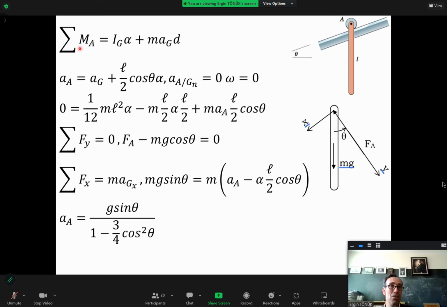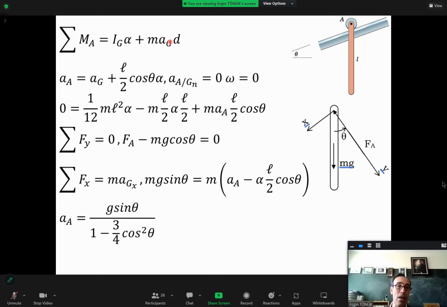So this is the first equation I'm going to write. Moment of the forces about A is equal to Ig alpha, where Ig is mass moment of inertia about the mass center, plus mass times acceleration of the mass center, and its moment about G, which is actually the distance that I will compute.